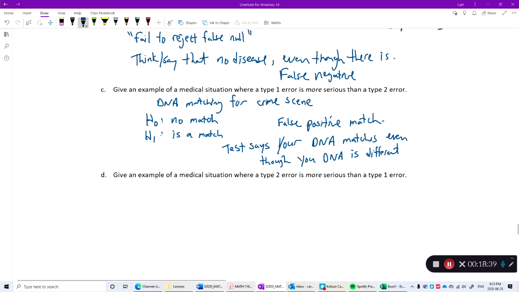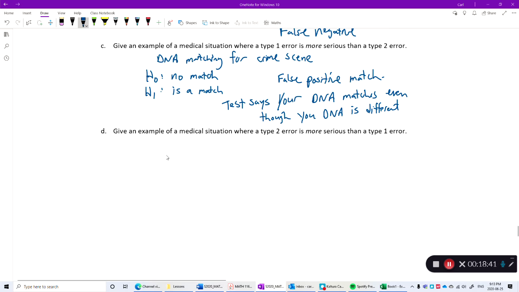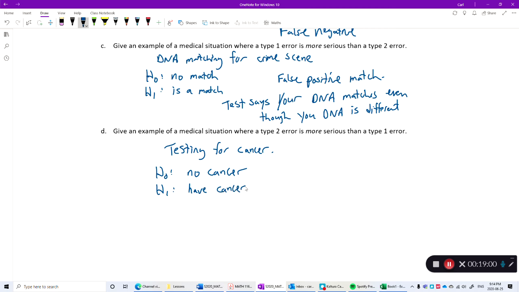So what about an example where type 2 is more serious? Well, that would be like testing for cancer. In that case, the null hypothesis would be that you have no cancer, and the alternative would be that you do have cancer. So then type 2 here would be, let's do our acronym routine for fun: you fail to reject a false null.